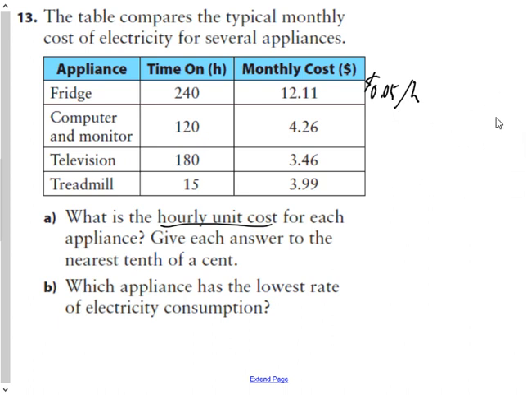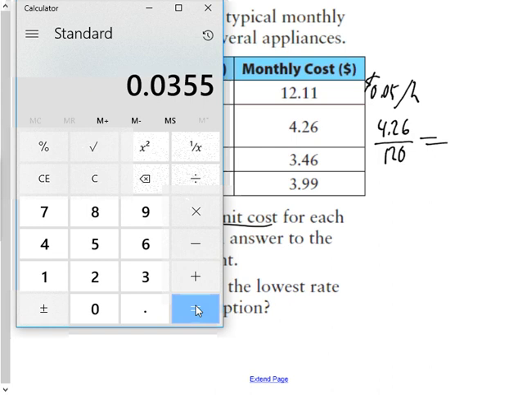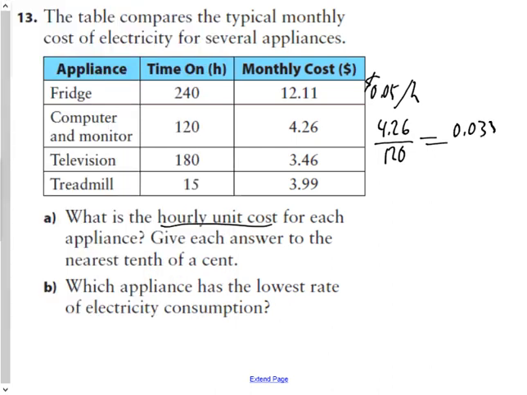For the computer monitor, it's $4.26 for 120 hours. Take my $4.26 and divide it by the 120 hours it's on for. It costs 0.0355 dollars for 1 hour, or a little bit more than 3.5 cents per hour.